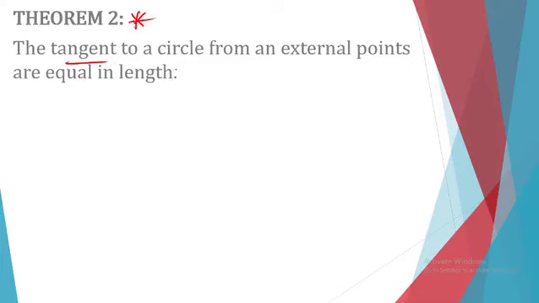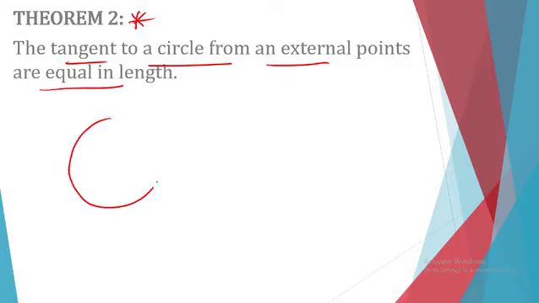Let us look at the second theorem. It says the tangents to a circle from an external point are equal in length. Let us illustrate that.